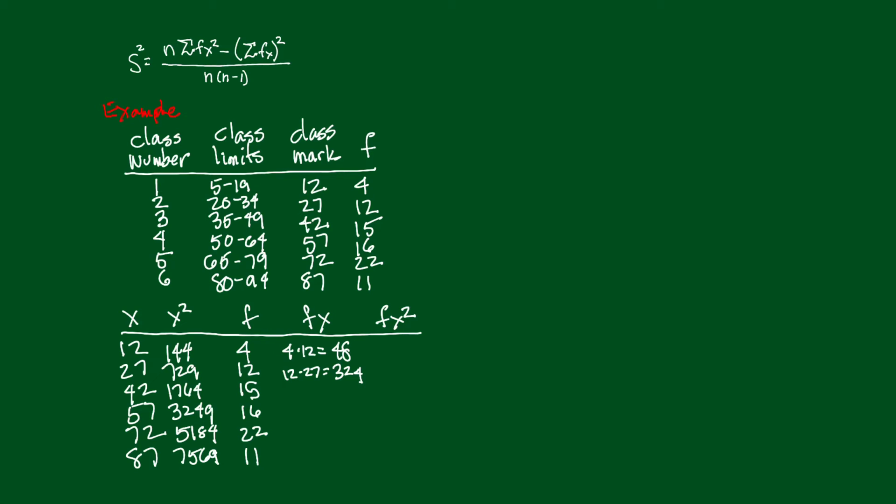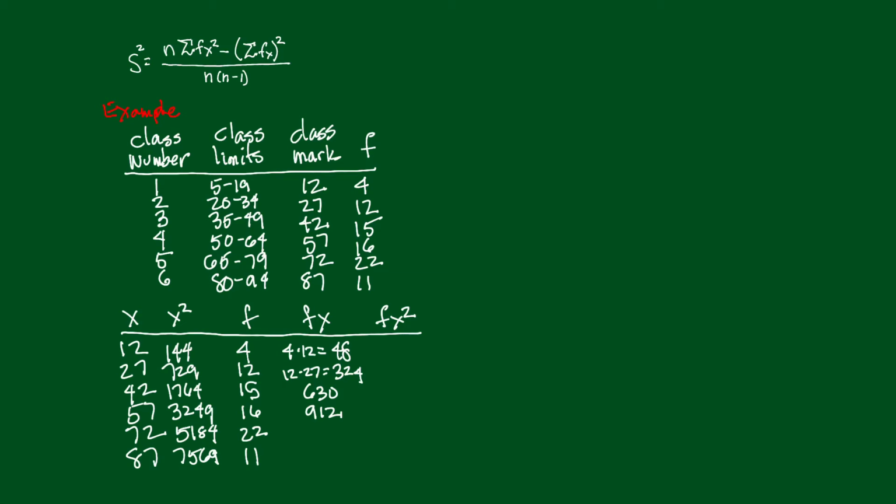So the next one is 15 times 42. Now 15 times 42 is 630. And then the next one, f times x, 16 times 57, that is 912. Then f times x, 22 times 72.